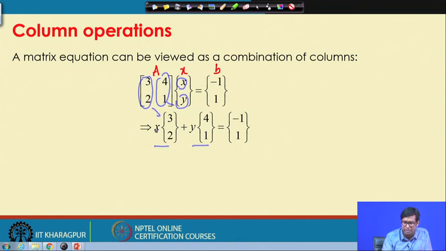So, this is a vector multiplied by a scalar, this is another vector multiplied by a scalar. When we add them we get a resultant vector. So, this matrix equation now can be viewed as a vector equation. We are doing linear combination of vectors and getting a resultant vector.